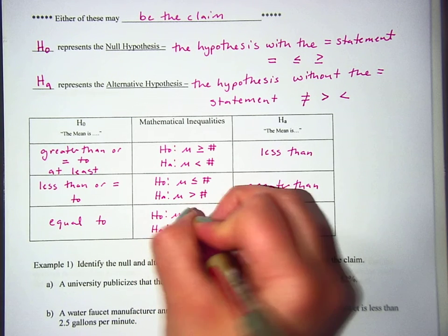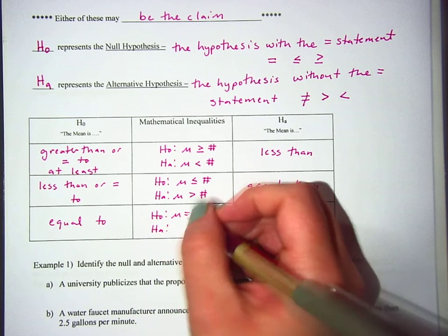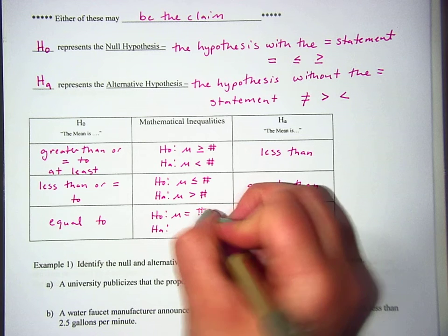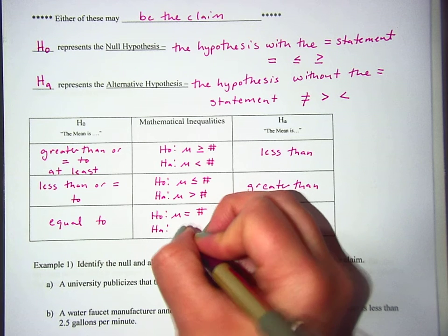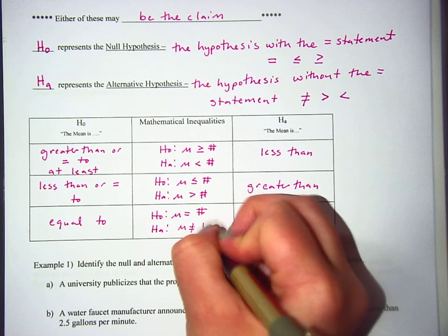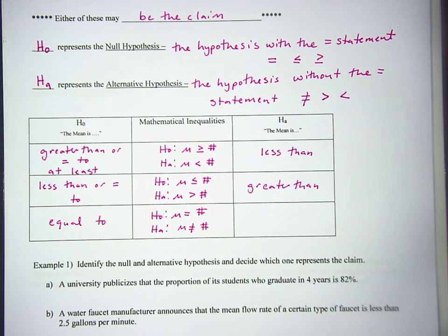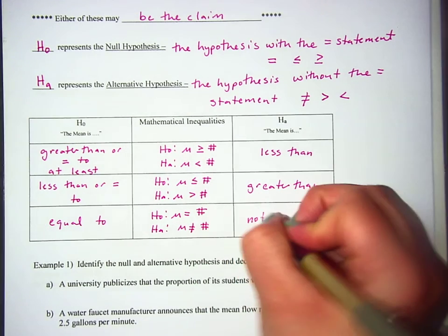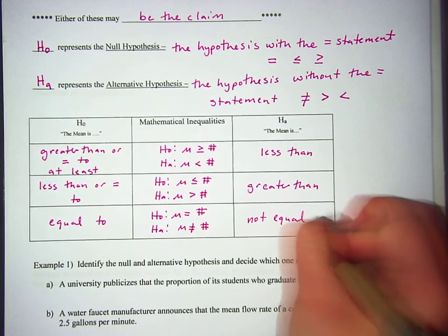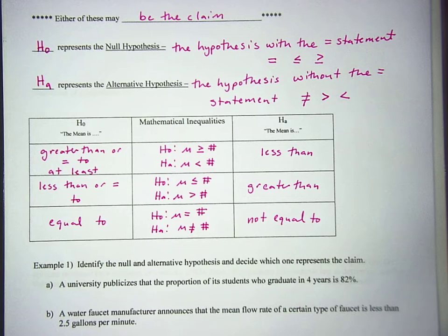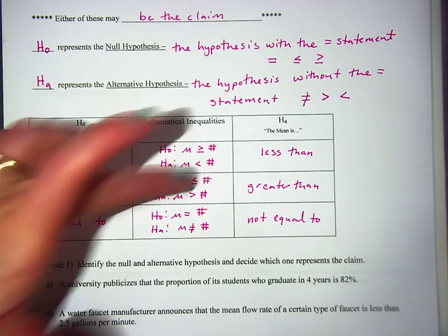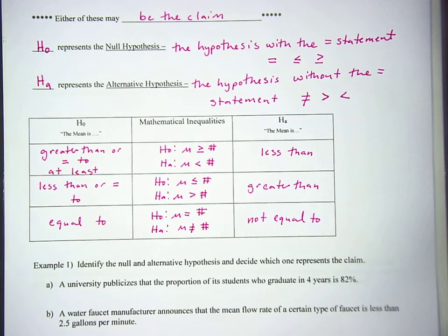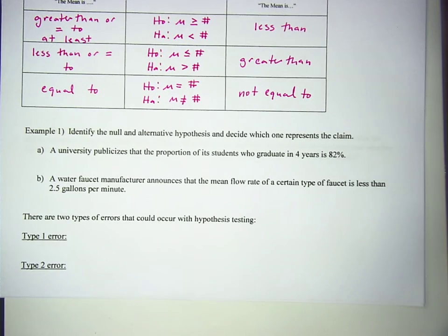So you might say, the grade point average of kids in my class is 3.1. The opposite of that is not equal to. So there's three kinds of hypothesis tests. One, two, three. Okay. Example 1, identify the null and alternative hypothesis and decide which one represents the claim.